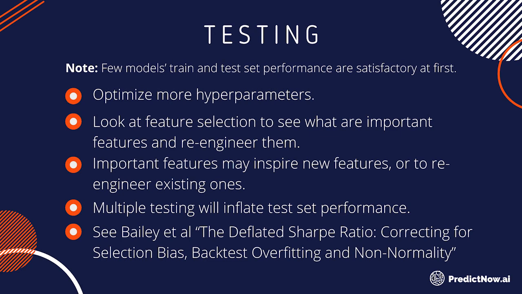But after multiple testing, your test set is not really out of sample anymore, because you have used that test set performance to judge whether you should include certain features, right? How you engineer existing features. So after a while, as long as you have looked at the test set performance more than once, you are gradually turning your test set into part of the training set. You are using your test set to optimize your features.